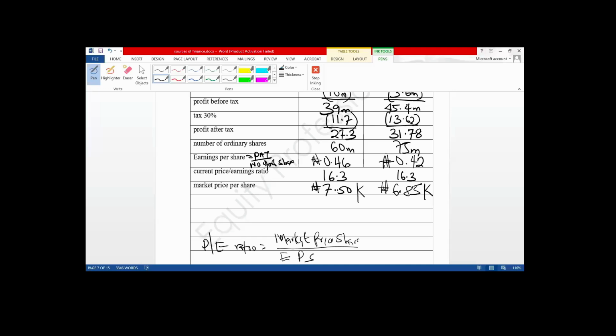The question says, calculate and discuss whether using the money raised from the right issue to buy back the existing bond will be financially acceptable to the shareholders, assuming the price earning ratio remains unchanged.